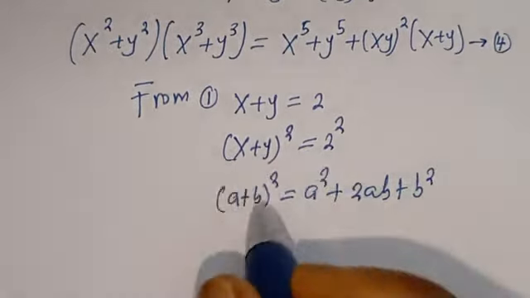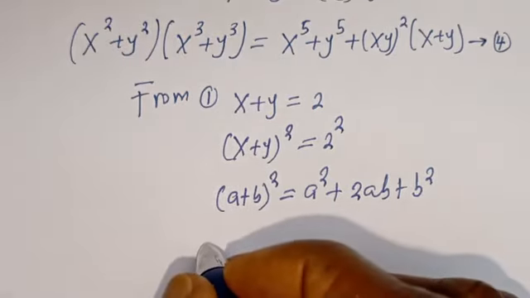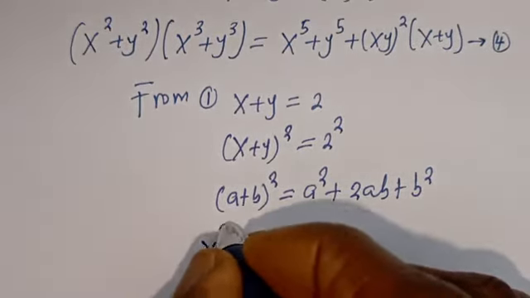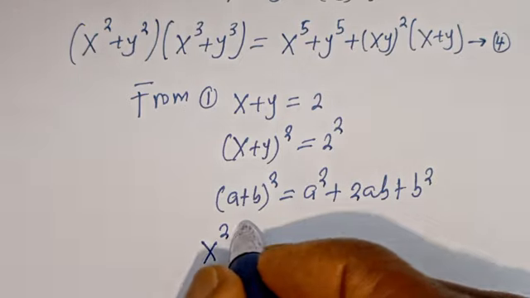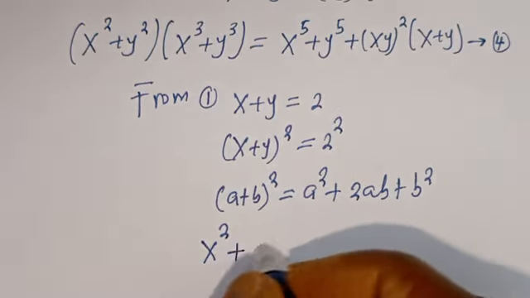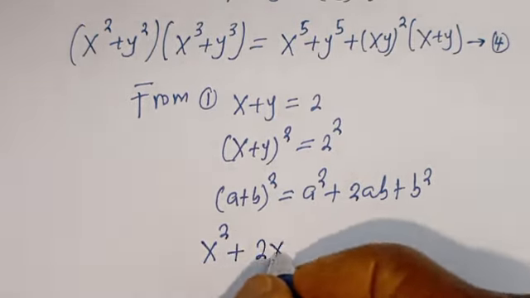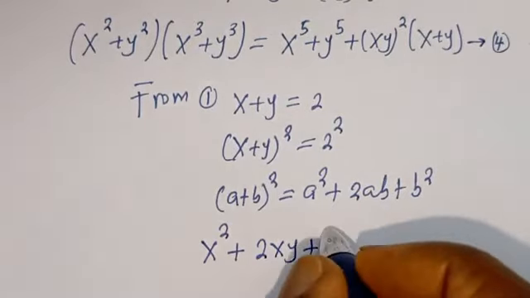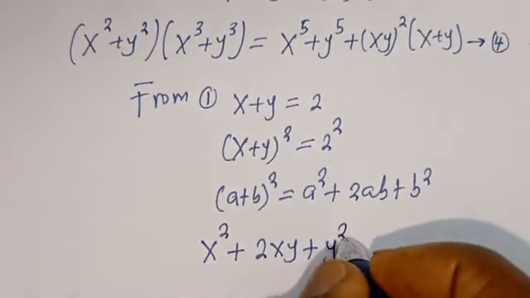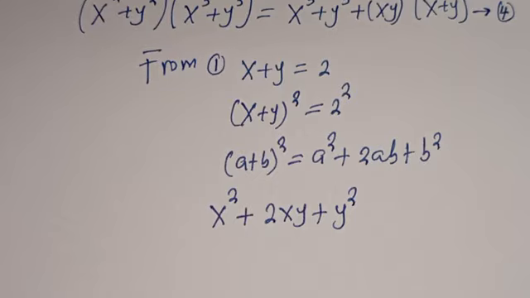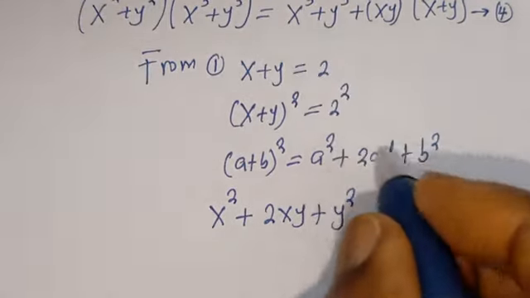Then this can be written as x square plus 2xy plus y square is equal to 2 square, that is 4.